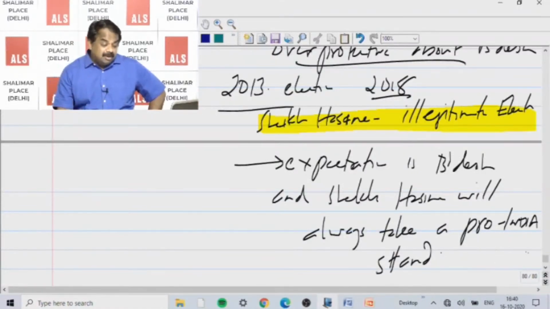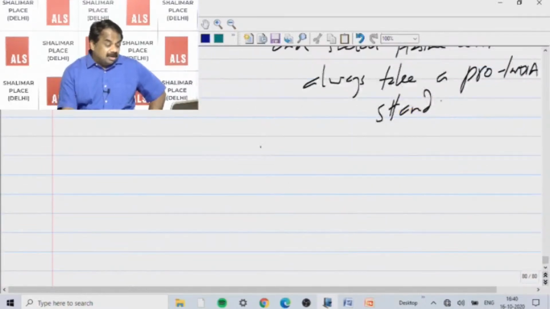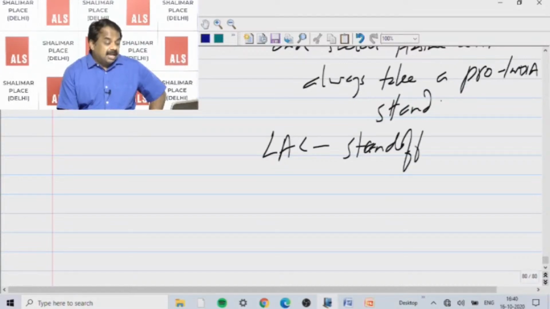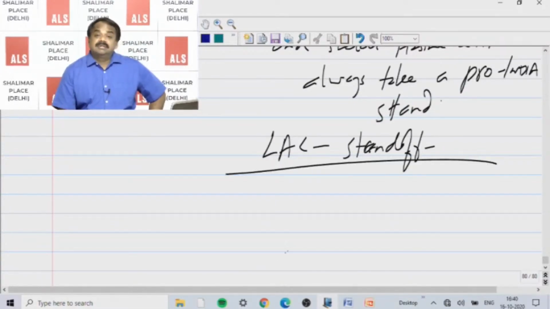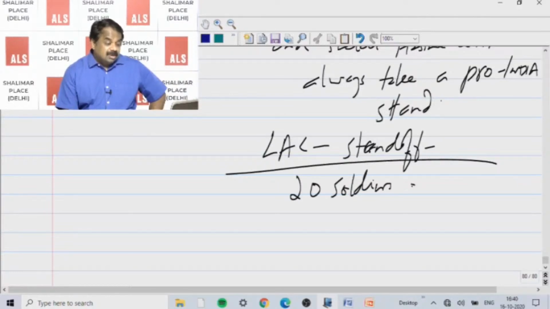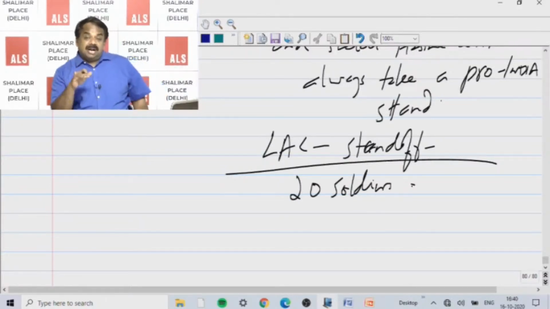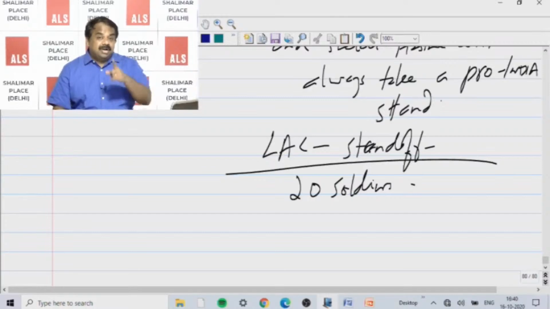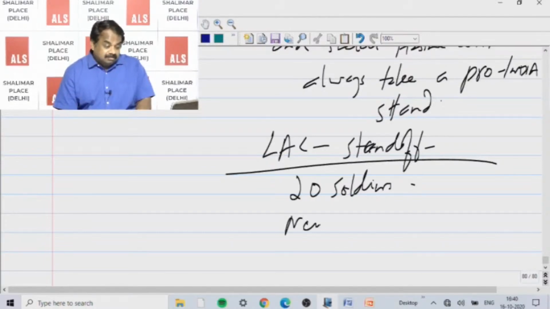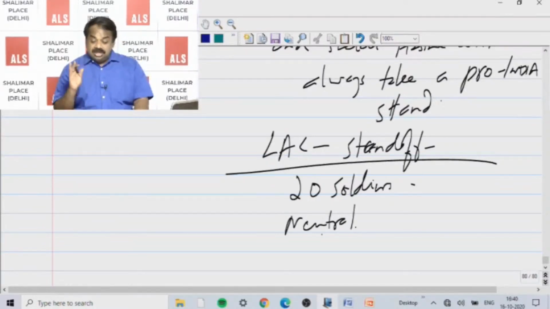See, for example, because of the Chinese investment, when the LAC standoff came in Ladakh and we lost 20 soldiers, we naturally expected Bangladesh to be on our Indian side, but Bangladesh remained neutral. Bangladesh did not say anything.